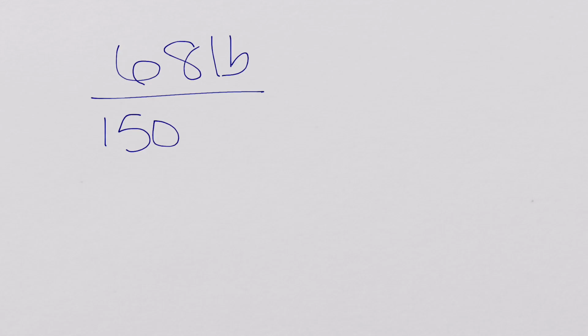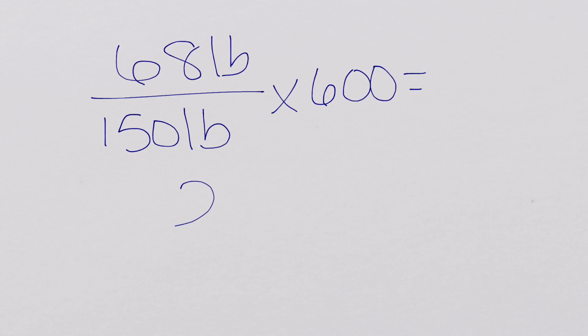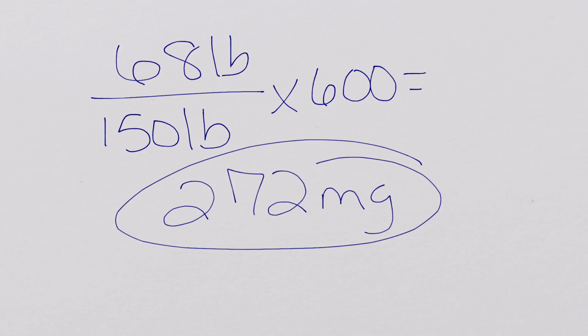And this is just a standard, it'll always be 150 under there, multiplied by the adult dose. So we need to do 68 divided by 150 multiplied by 600. And the answer would be 272 milligrams. So using Clark's rule, your pediatric dose would be 272.